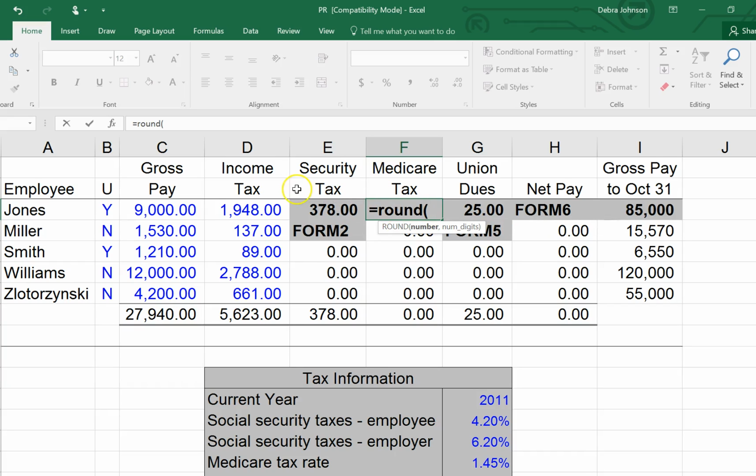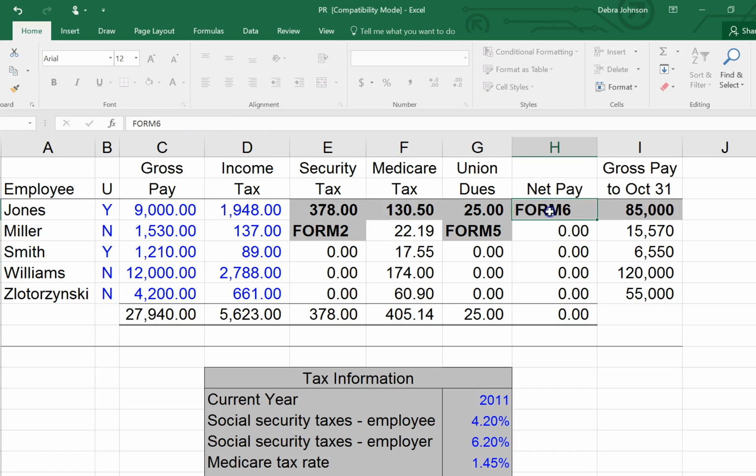Let me put in the formula to take the gross pay multiplied by the Medicare tax rate. And now all I have to do is tell the computer how many places I would like to round it. Since we pay our employees in dollars and cents, I'll round it to 2 decimal places, and that will prevent the errors from happening.